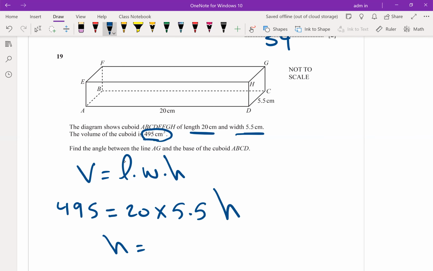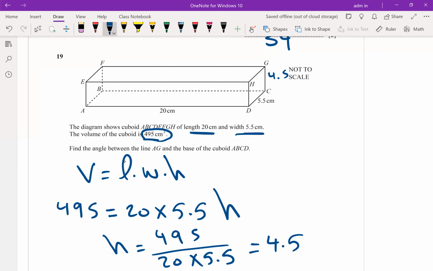So the height is 495 divided by 20 times 5.5. What is the final answer? The height is 4.5.